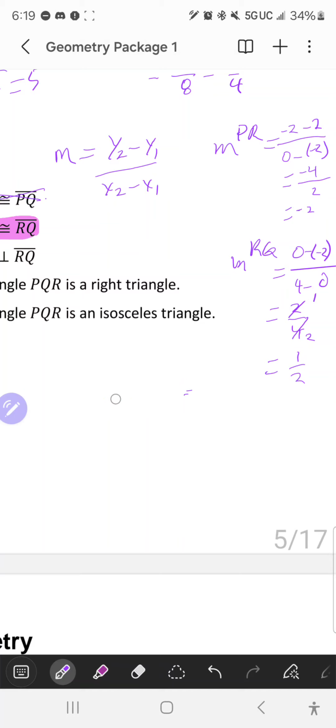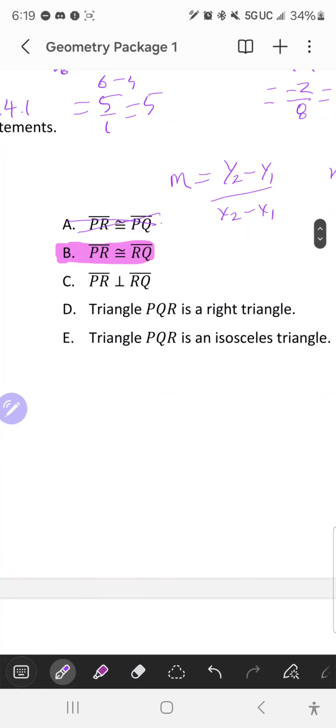I hope you guys understand that. Don't forget to send me a quick message through Discord if you don't understand something. So basically our result shows that this statement is true.